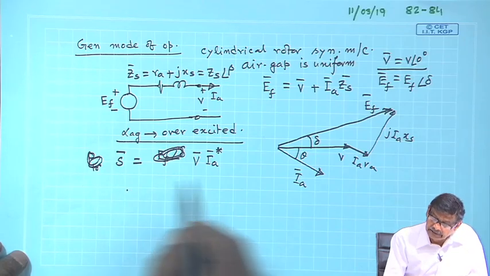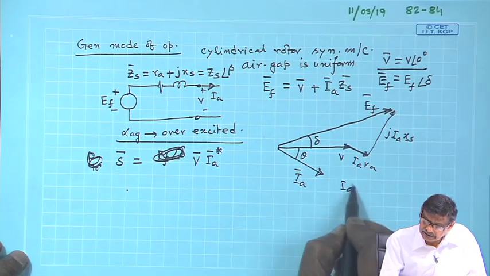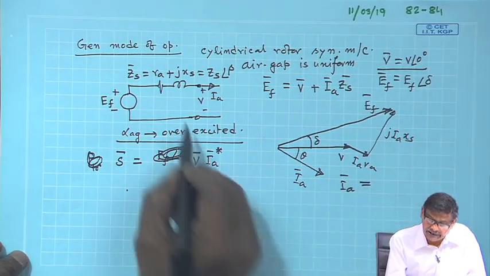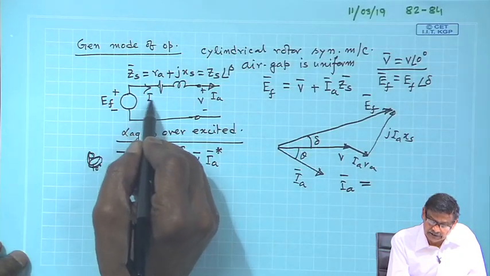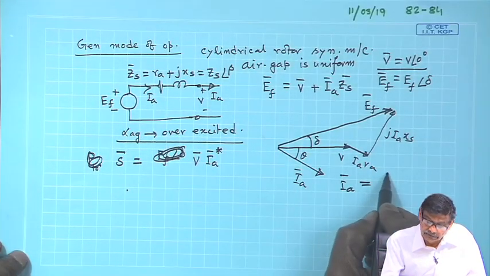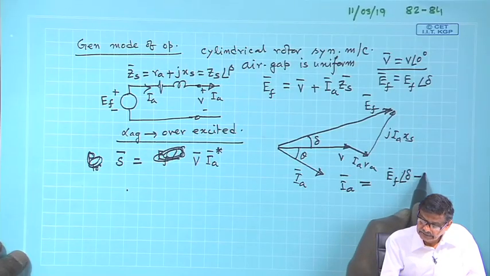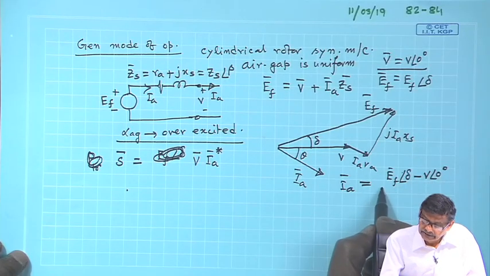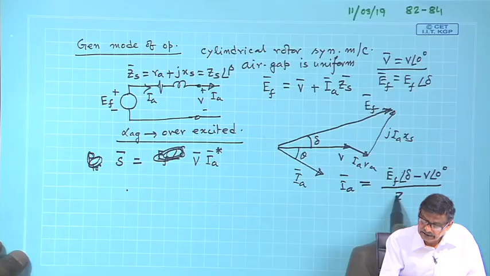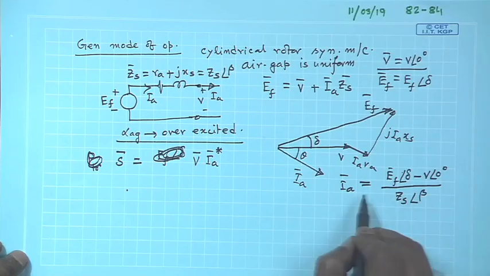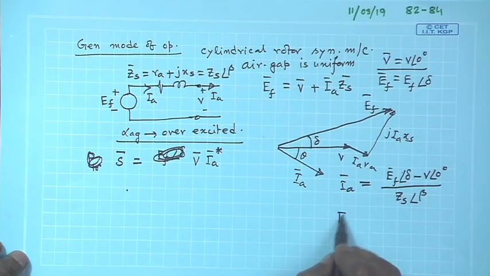Then I wrote I A this way: I A should be equal to E f angle delta minus V angle 0 degree, divided by Z S angle beta.